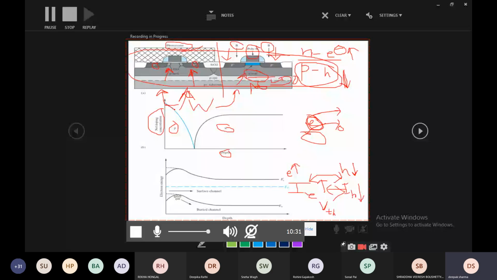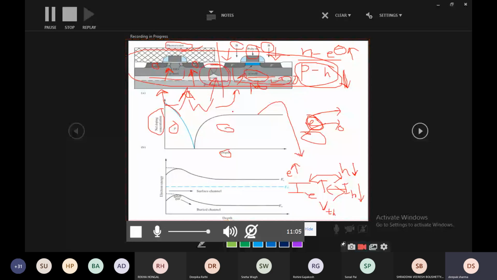Again, I said it is due to this concept also. The electron has higher mobility and the hole has lesser mobility. And what is there in between P and N? In between P and N, you are seeing this area, this is P well. Left hand side it is P well, right hand side it is N well.